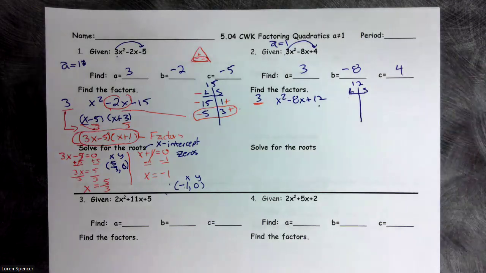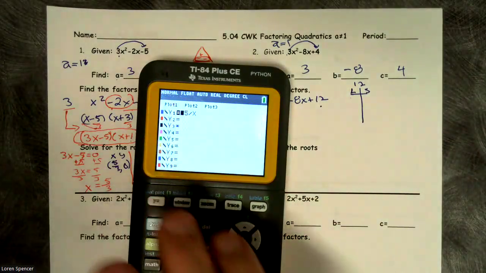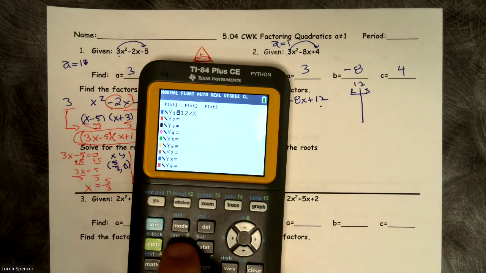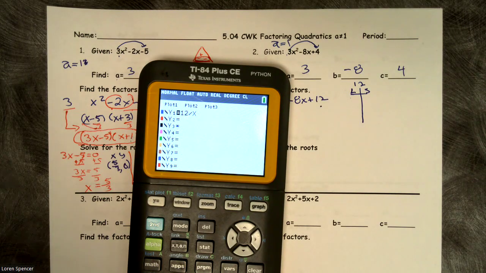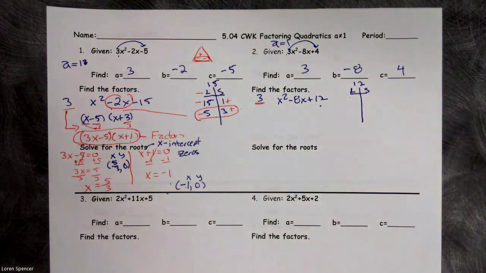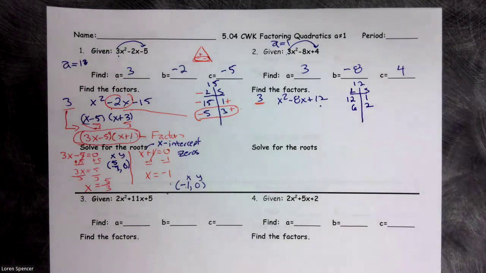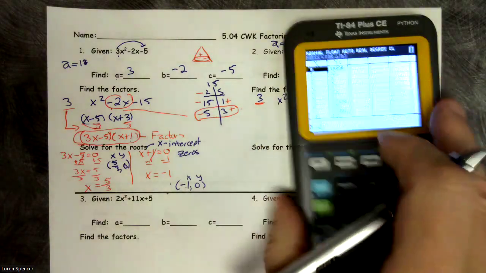Well, the factors of 12, and by the way, I can do this on the calculator. Y equals 12 divided by the X button, blue graph. And I get 12 and 1, and 6 and 2. And I also get a 4 and 3.